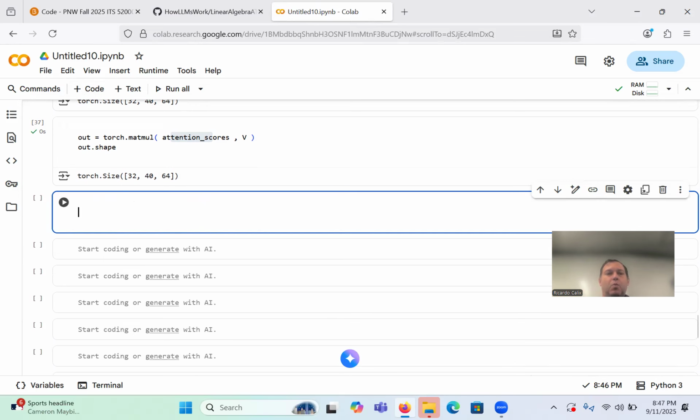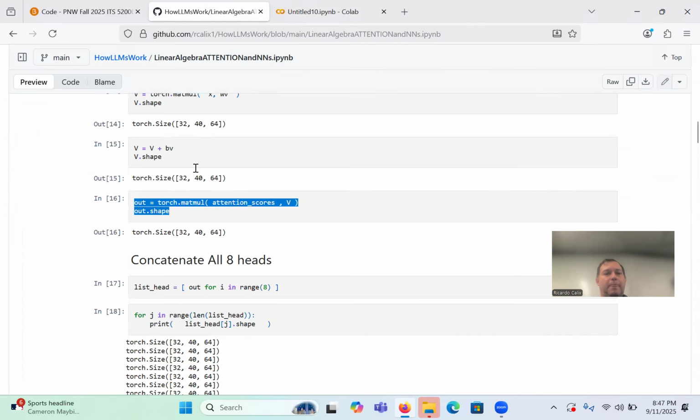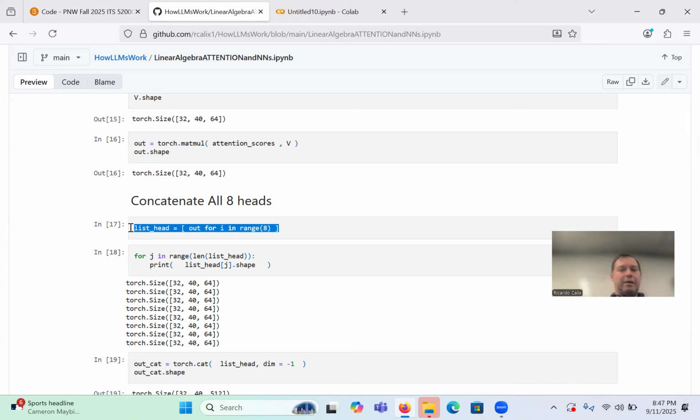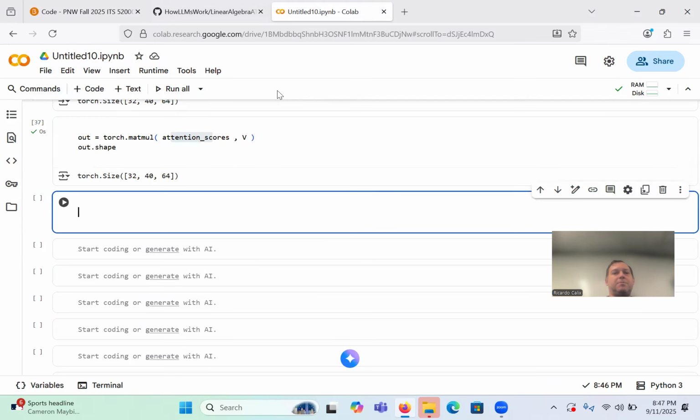So I have one head complete. Now notice here I wrote concatenate all 8 heads. So I have kind of created a simplified version of this in the code. You will see how it's done exactly, but notice what I'm doing is pretty close to the reality. So what I do is this.